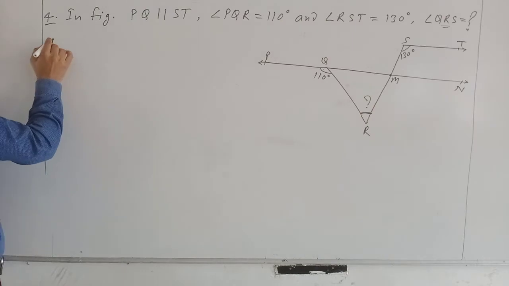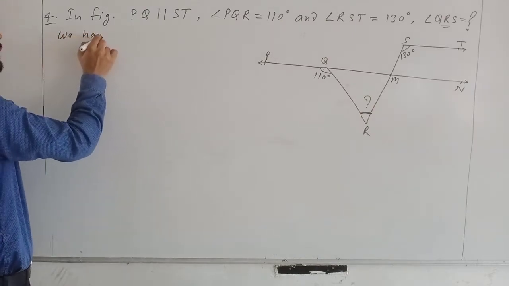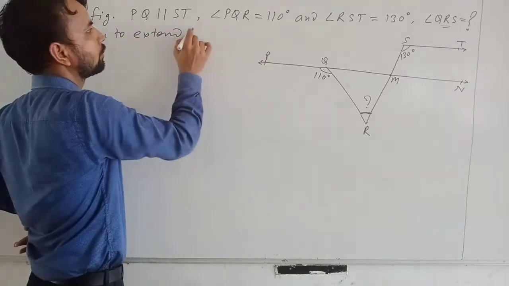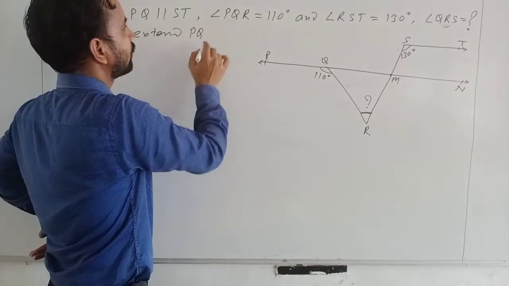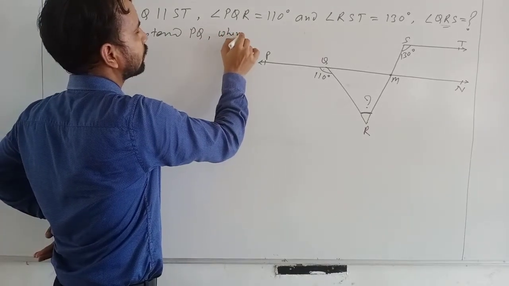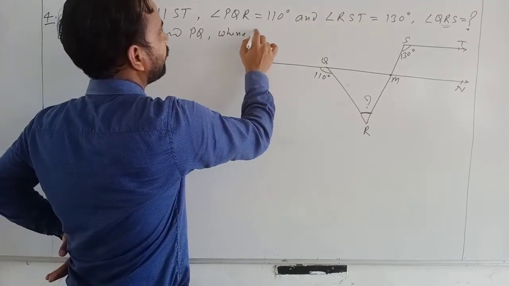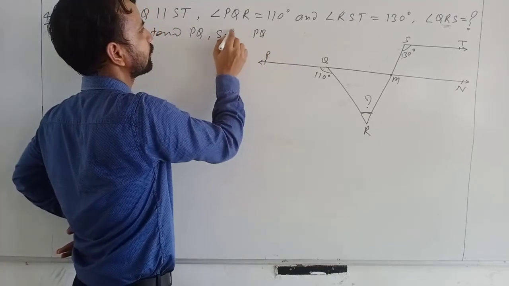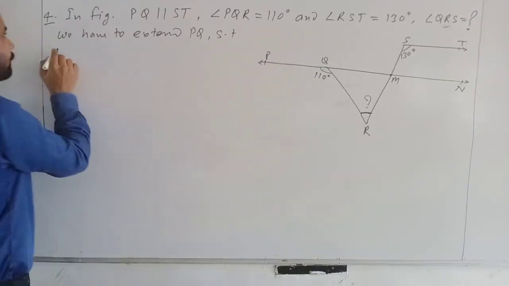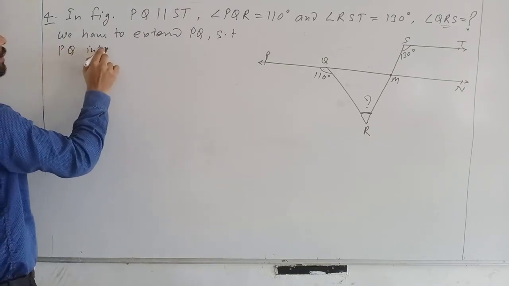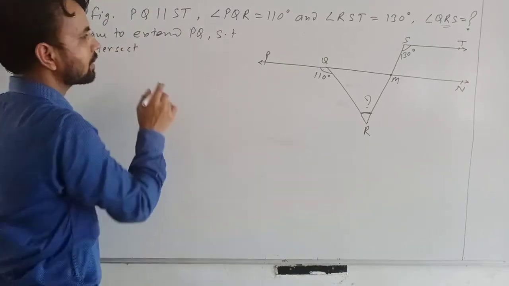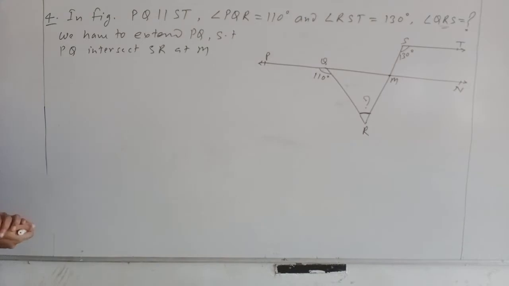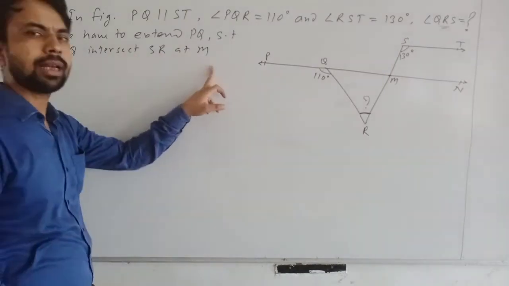The construction, so you have to write here, we have to extend PQ such that PQ intersects SR at M.